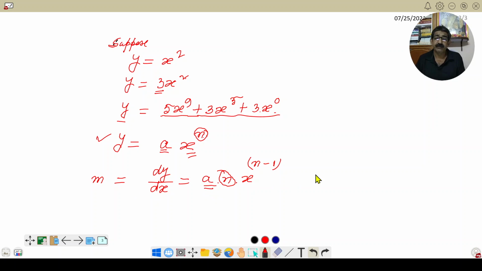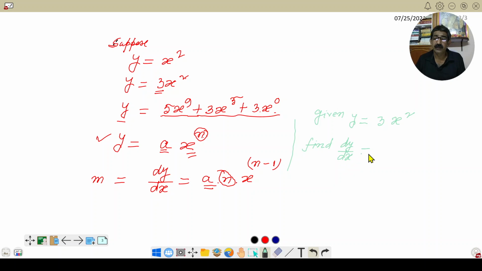For example, suppose I am given y is equal to 3x square. Find dy by dx.